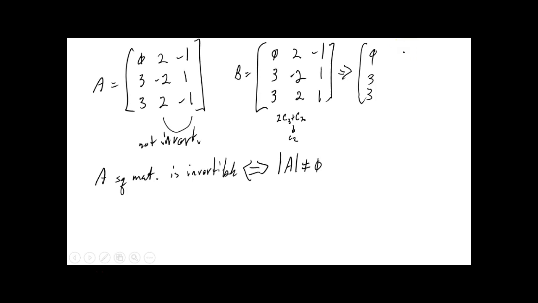Okay, I see another thing we could have done, and that would have been pretty easy too, but this works too. And this would be 2 times column 3 plus column 2 would be a 0, because 2 times minus 1 is minus 2, plus 2 is 0. 2 times 1 is 2, minus 2 is 0, and 2 times 1 is 2, plus 2 is 4. And then we just write down negative 1, 1, 1. Okay.